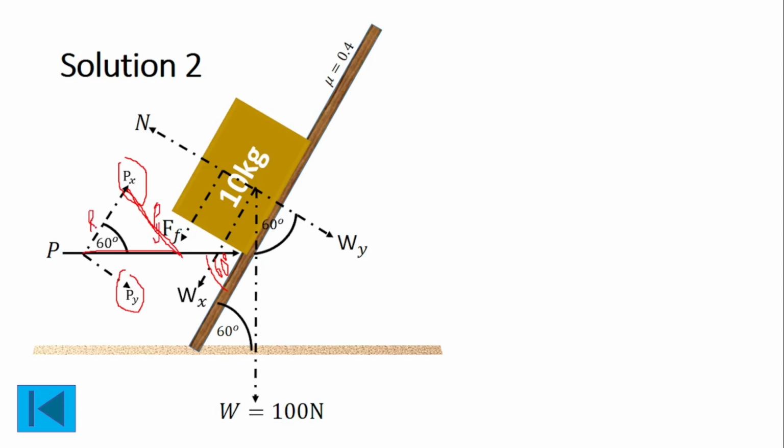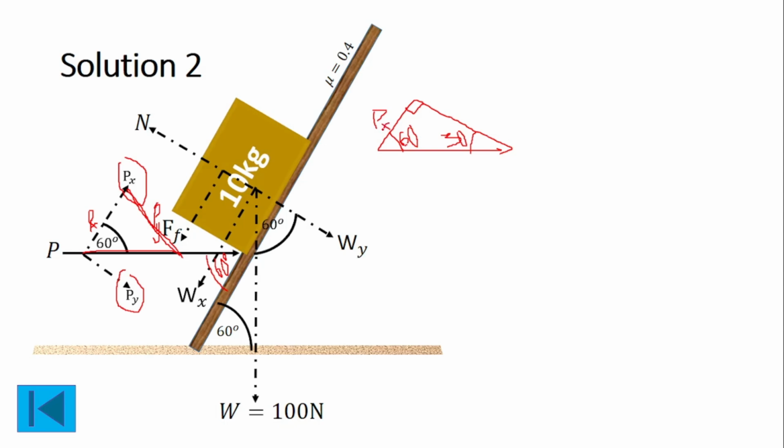This angle is 60 degrees, this is 60 degrees, here is 90, and here is automatically 30 degrees. So automatically this is P sub x.